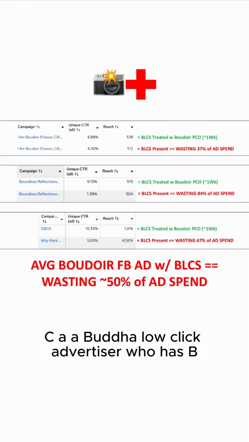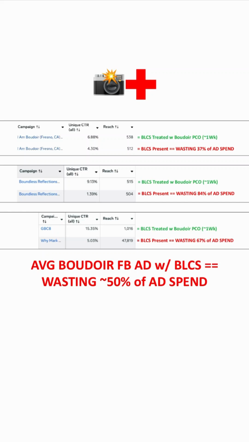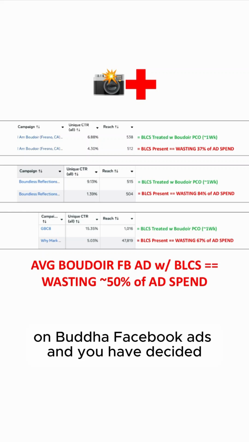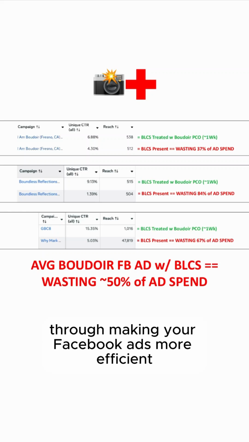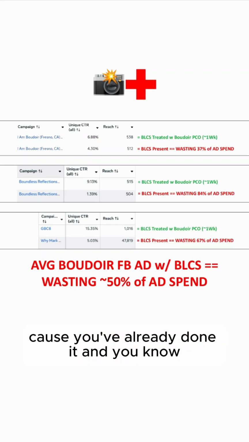If you're a BLCA, a Boudoir Low Click Advertiser who has BLCS, Boudoir Low Click Syndrome, the unique CTR of your Boudoir Facebook ads is under 6%, and you're spending more than 10 grand a month on Boudoir Facebook ads, and you have decided that now you need to pull more efficiency, more profit out of your business through making your Boudoir Facebook ads more efficient, because you've already done it in other places in your business.